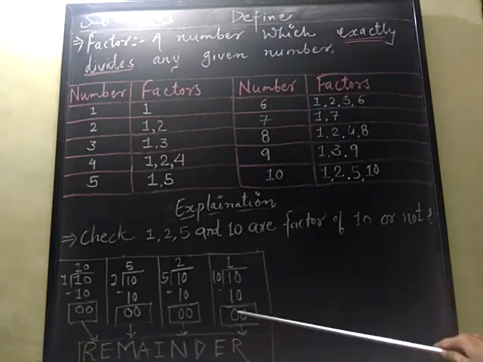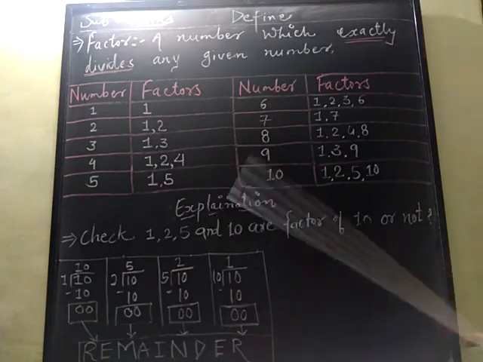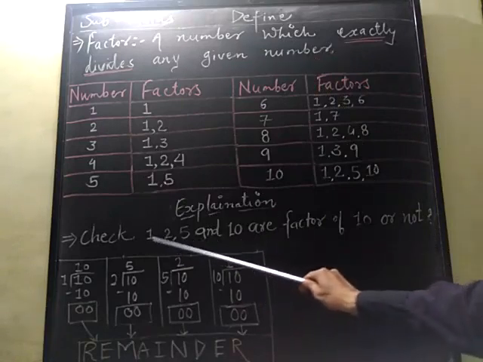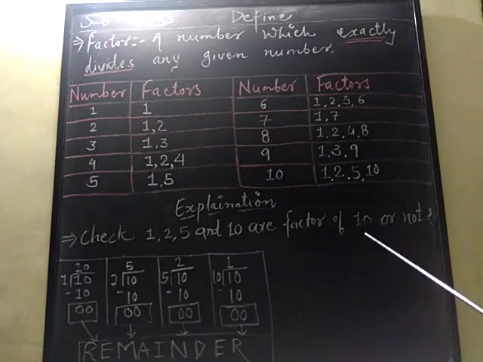So these 1, 2, 5 and 10 exactly divide 10. So we can say 1, 2, 5 and 10 are factors of 10.